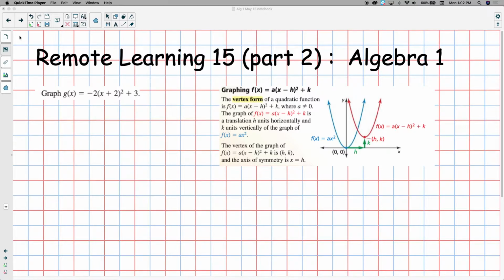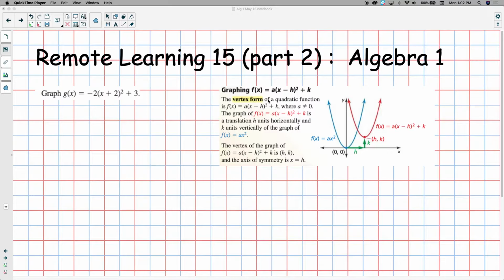Okay, so I need to remind you of something from the previous chapter on graphing quadratics, and that is the vertex form. So if you can follow the cursor over here, I have taken a section from the book which is a synopsis of the vertex form. Okay, so this is what the vertex form looks like.